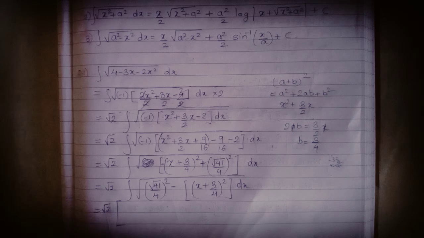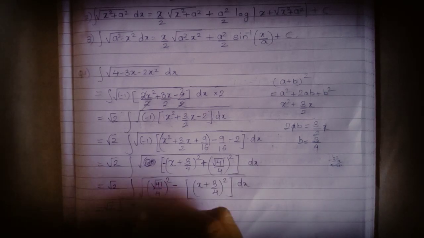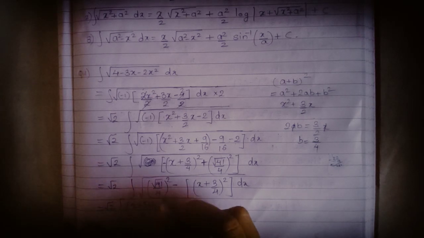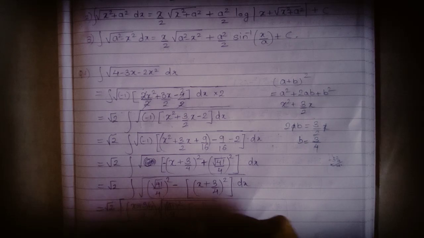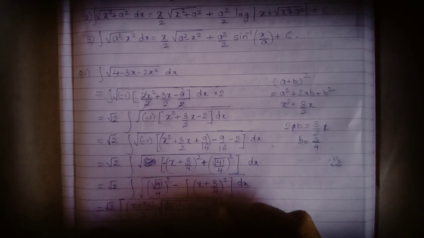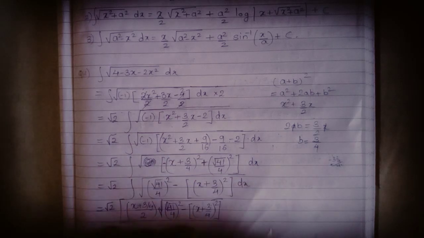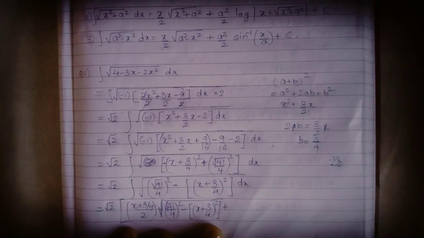So x by 2, our x is x plus 3 by 4, upon 2, root of the whole thing, plus a square by 2.